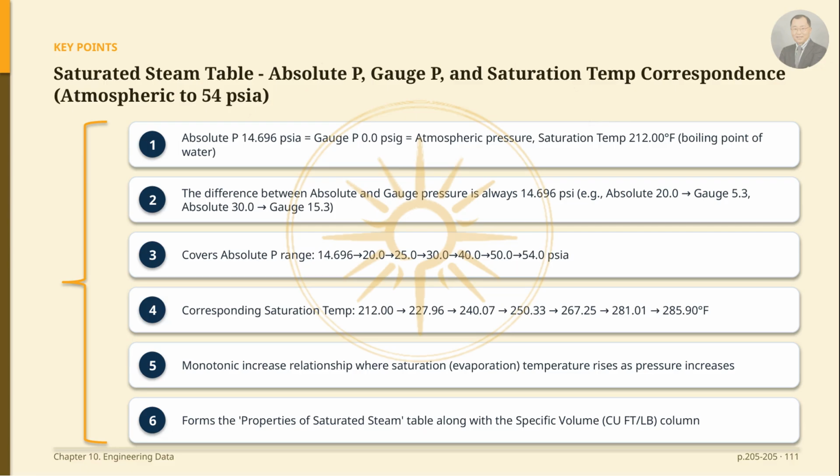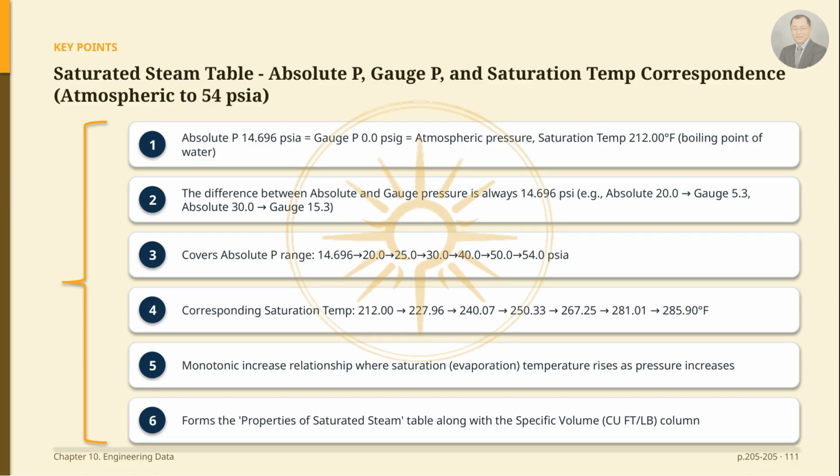This table covers the range from absolute pressure 14.696 through 20.0, 25.0, 30.0, 40.0, and 50.0, up to 54.0 psi. The corresponding saturation temperatures rise from 212.00 to 227.96, 240.07, 250.33, 267.25, 281.01, and finally up to 285.90 degrees Fahrenheit.